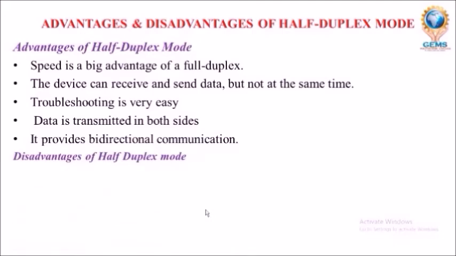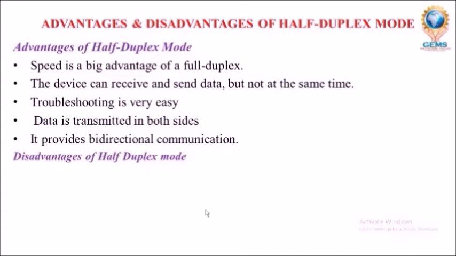Please take note of that. It provides bidirectional communication, but not at a time. Why am I emphasizing not at a time? Because we will find a similar situation in full duplex. There we will also talk about bidirectional transmission, but it will be at a time, right?